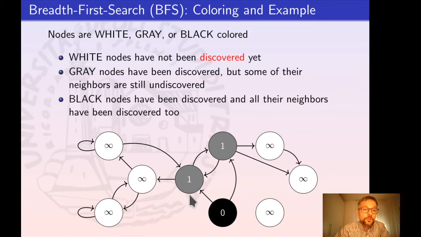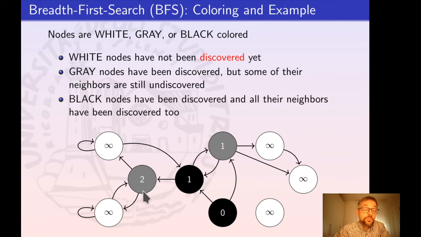Now, since this was the first node visited by my BFS, I can move from it to search for new nodes to be discovered, and the only node I can discover from it is for sure this one, which is the white one. So by discovering it, I can recolor the new node, the only white neighbor of this node, gray.